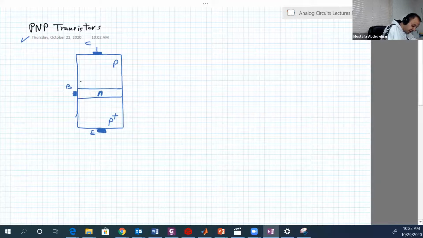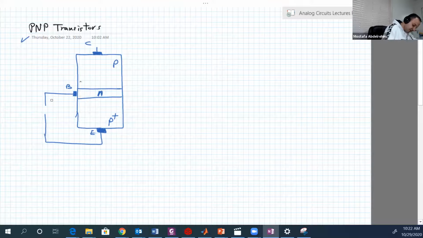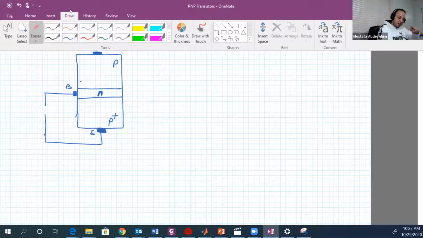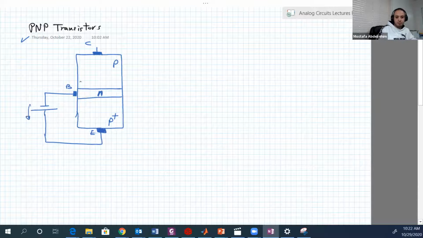And again, if we connect this as a forward bias, in that case this is actually reverse, so we should reverse the batteries. Forward means that the emitter, or the P region, should have higher voltage than the N region. So we should switch the battery here. And this is VEB now, not VBE.